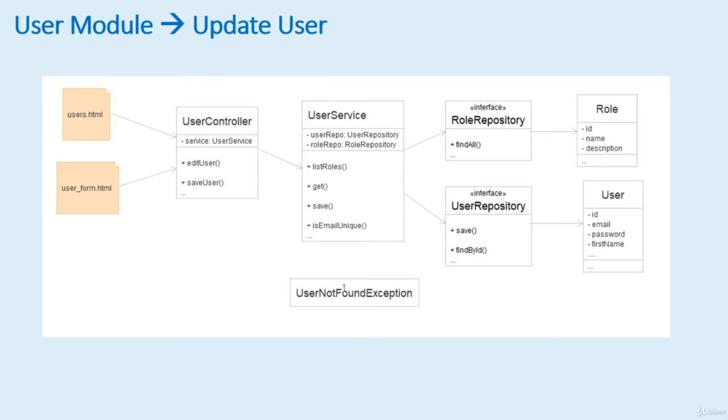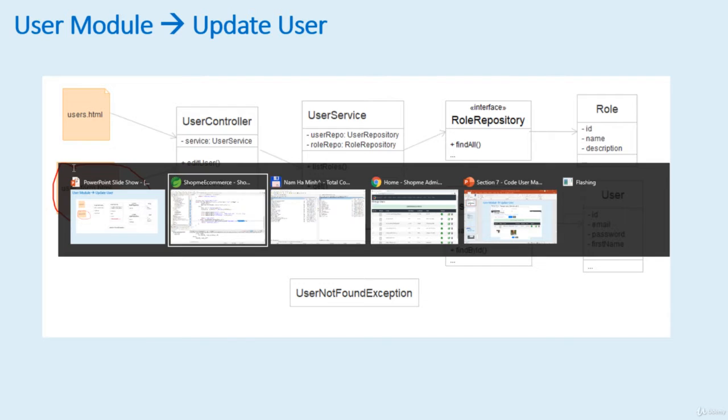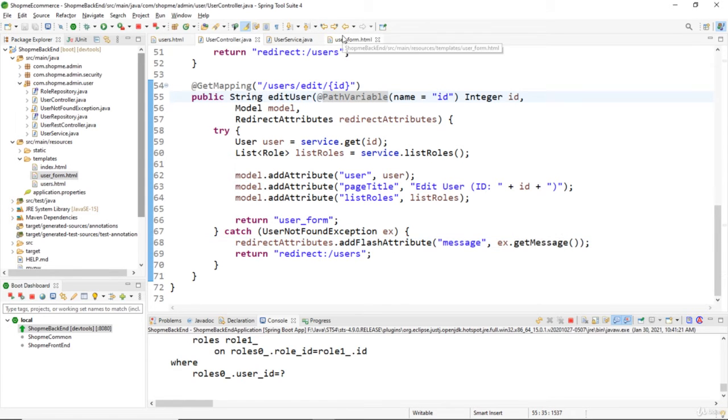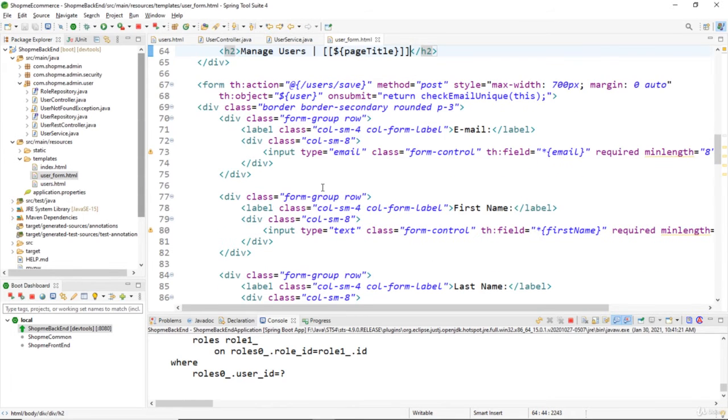Next, we need to update the email unique method in the user service class for checking the uniqueness of user email in edit mode. Also update the user form in edit mode for the Ajax call to the RESTful web service on the server. Okay, and open the user form here, and in edit mode we need to have a hidden field that stores the user ID here.